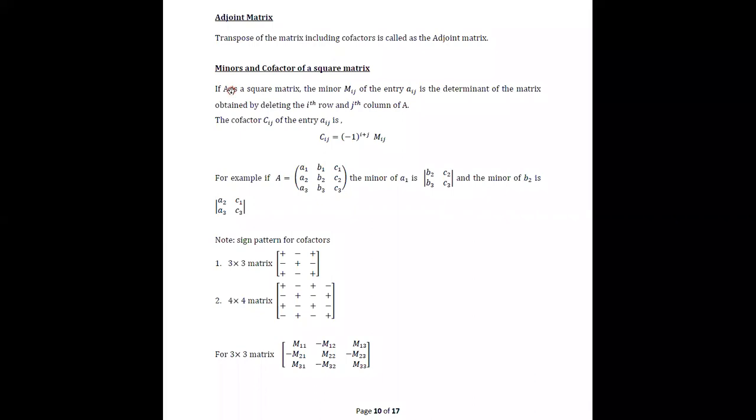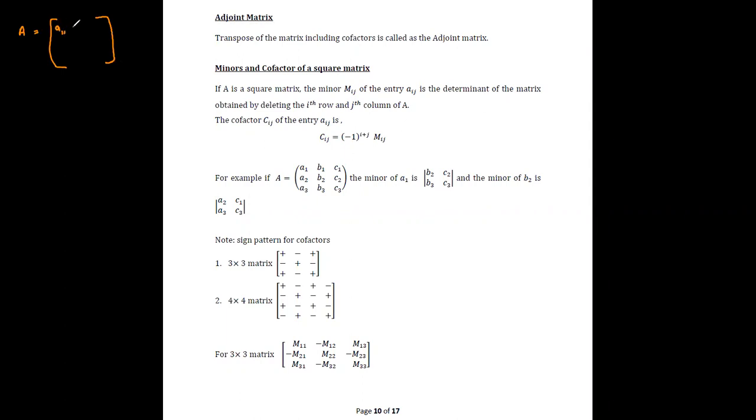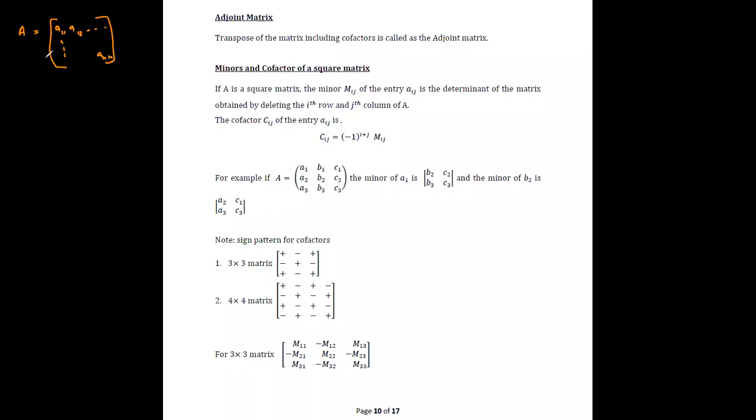So suppose A is a square matrix with n columns and n rows, with entries A11, A12, and so on up to n. This is an n by n square matrix.